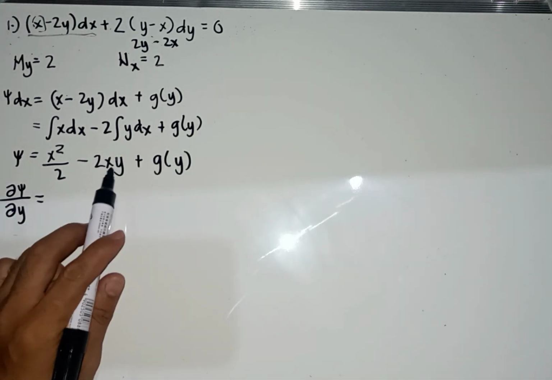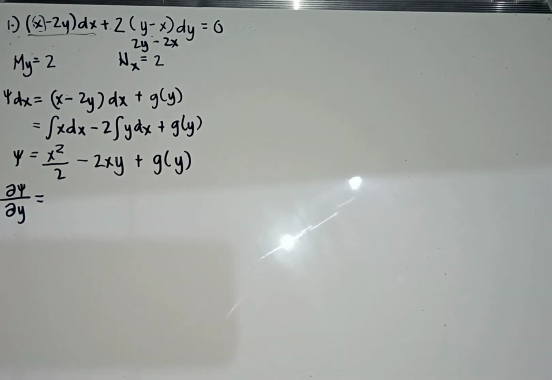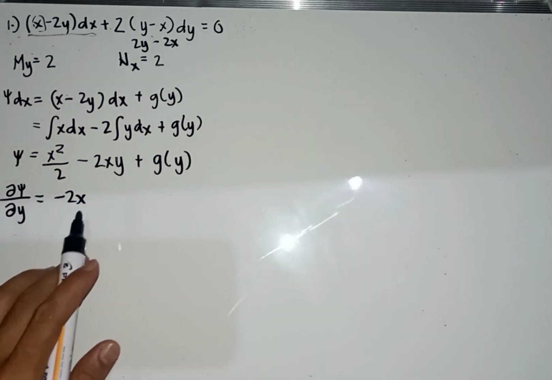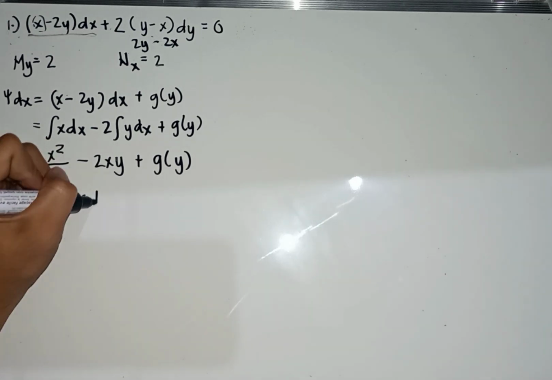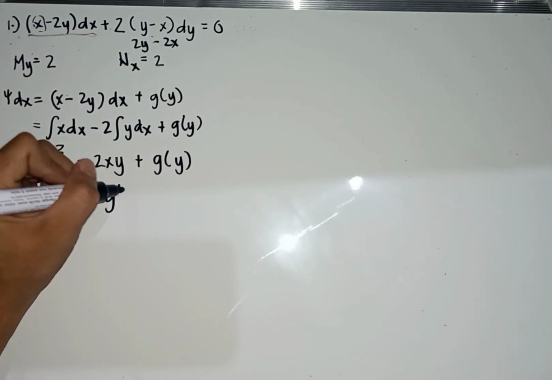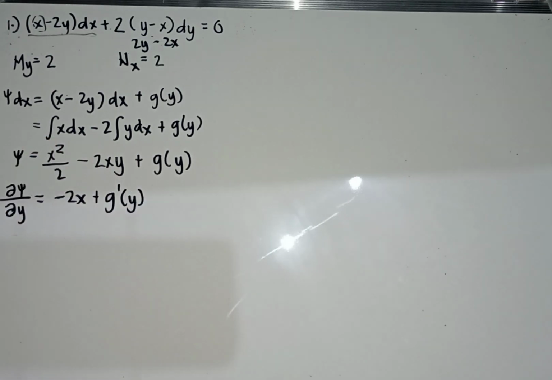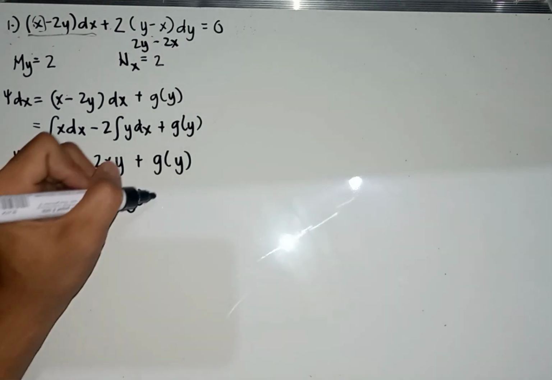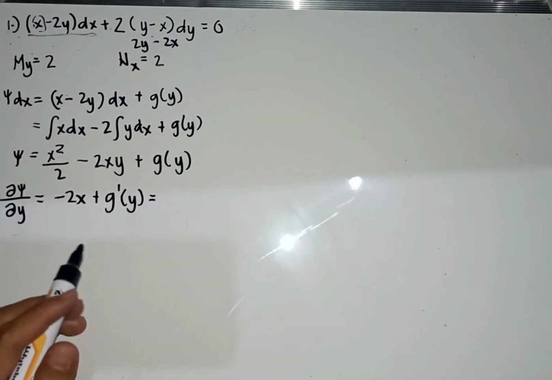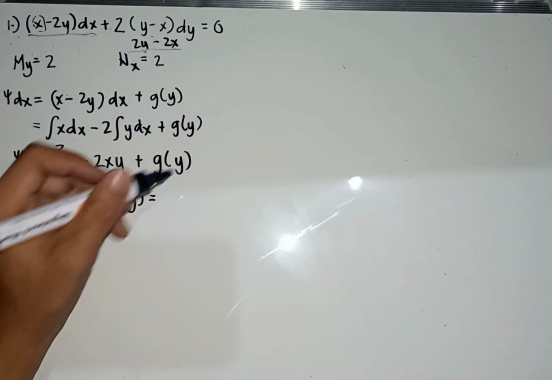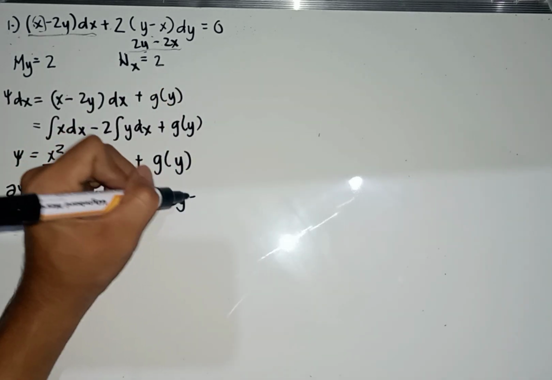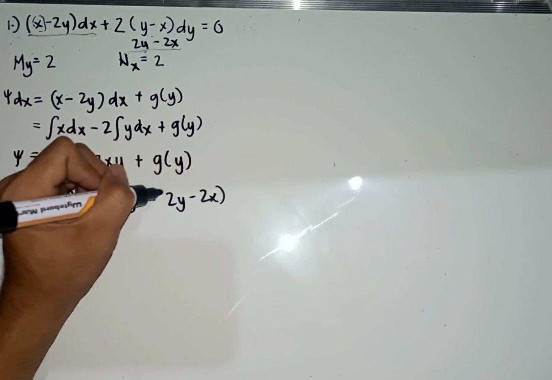We're just gonna focus on y, so that would be negative 2x, we only have negative 2x left, plus g prime of y is equal to, we're just gonna add this, that would be 2y minus 2x dy.